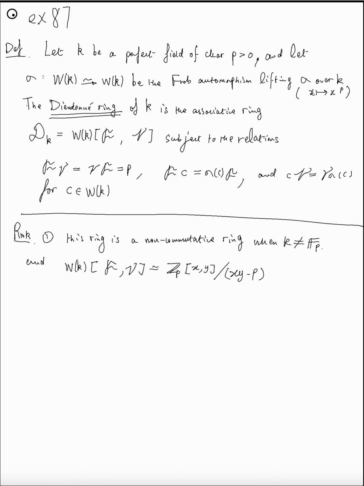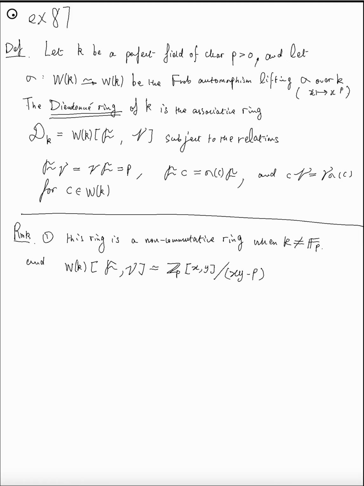The only relation is FV = VF = p. So XY equals p, and we don't need to say XY equals YX, which is just saying it's commutative.